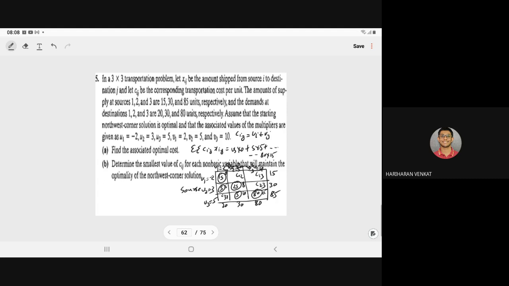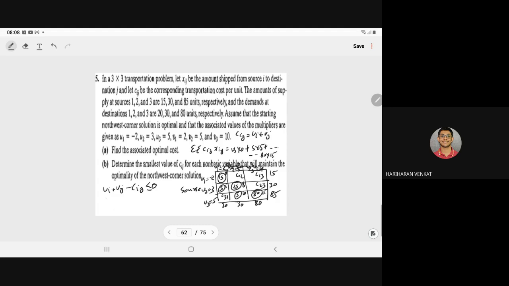So for that we use the optimality condition of the simplex method or linear programming, because the transportation problem is always a minimization problem. So here we take ui plus vj minus cij must be less than or equal to 0.